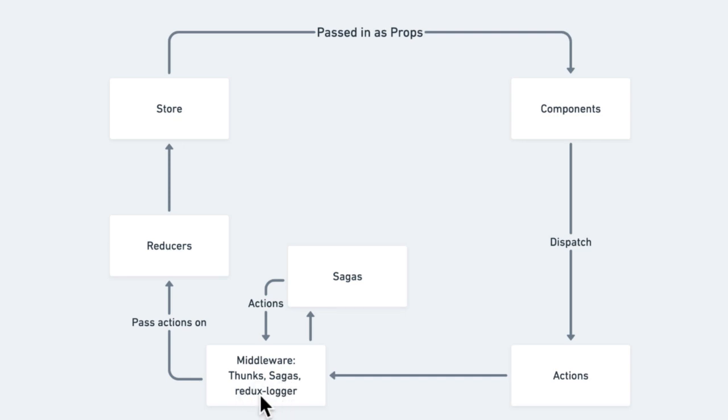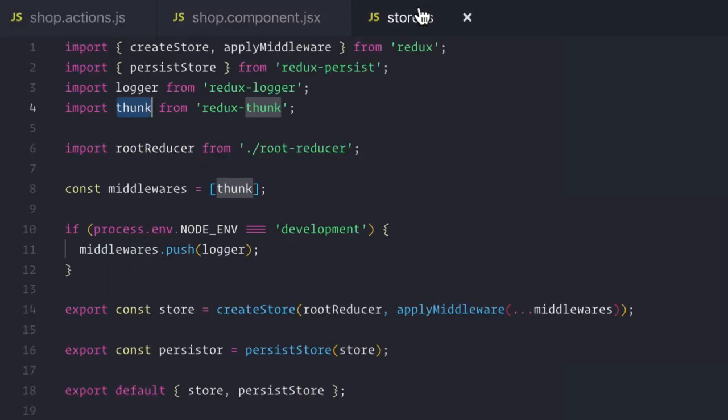Now, as we remember in our code base, in our store.js, we actually apply the logger into our middlewares array, and then we apply the middleware. Same with our thunk, and same with Redux Saga when we bring it in. We're going to have to put it into these middlewares in order for our store, when it's initiated, to apply it.